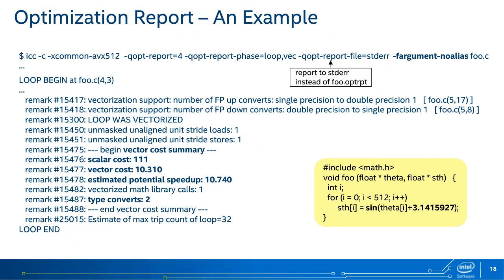However, we can help the compiler by adding the option -fargument-noalias. In this case, we are telling the compiler that all pointers passed as arguments to a function are not aliasing.